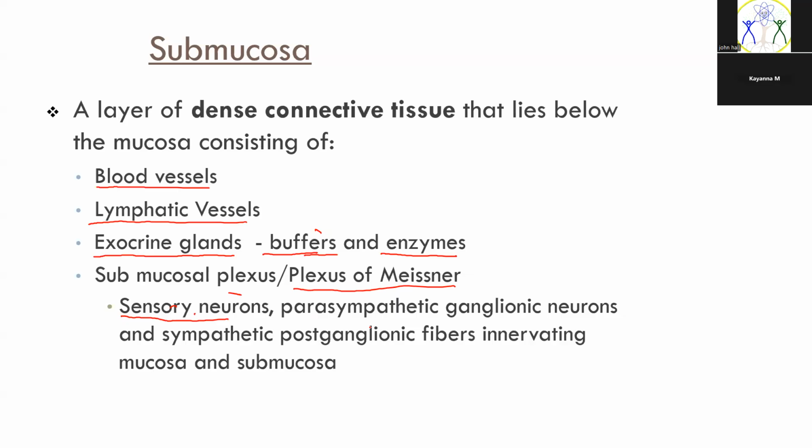So if you activate the parasympathetic ganglia, the submucosal plexus will cause exocrine glands to secrete more often, for example, right? Whereas if you activate the sympathetic postganglionic fibers, it reduces the activity level. So you produce less substances from these glands, right?